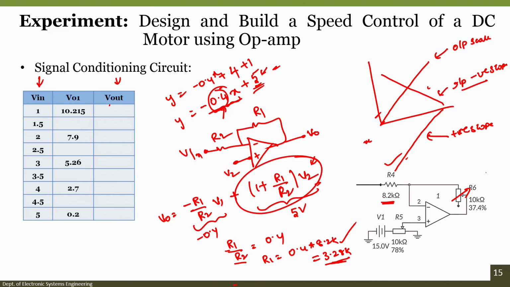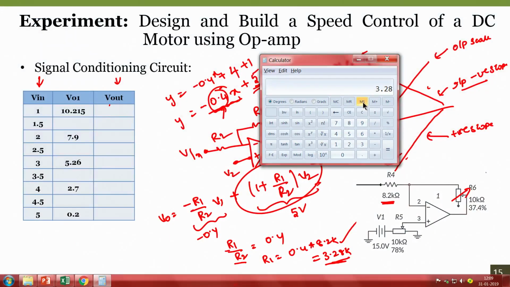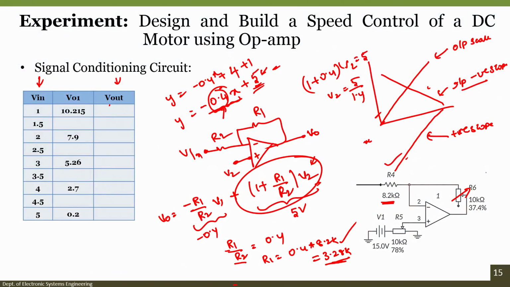In this case R1 and R2 are fixed for us, so R1 by R2 should be 0.4. That means 1 plus 0.4 into V2 should be 5 volts, so V2 should be 5 divided by 1.4, which is 3.57.